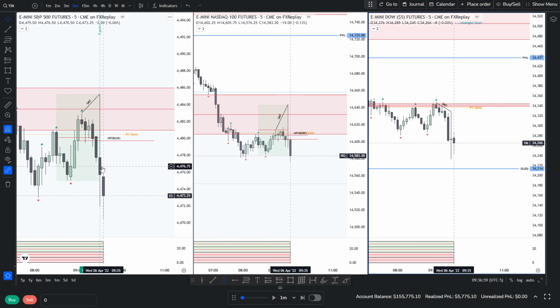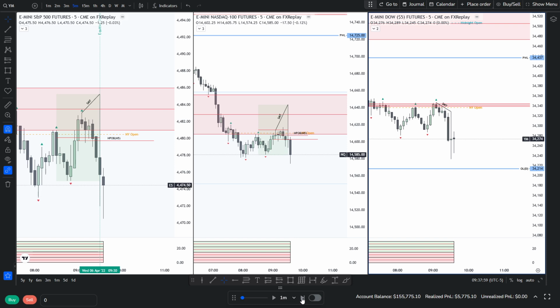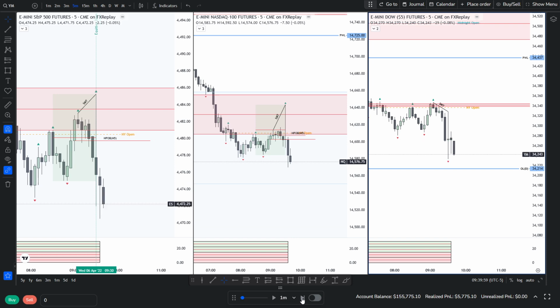Okay, so we have an imbalance. We don't have an imbalance yet on. There's a small imbalance in there.